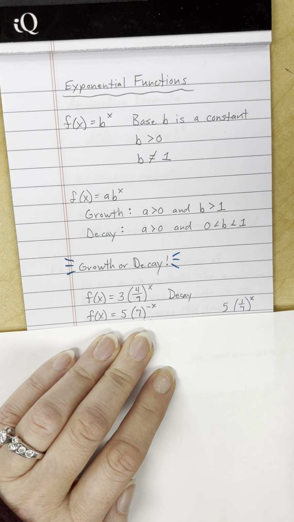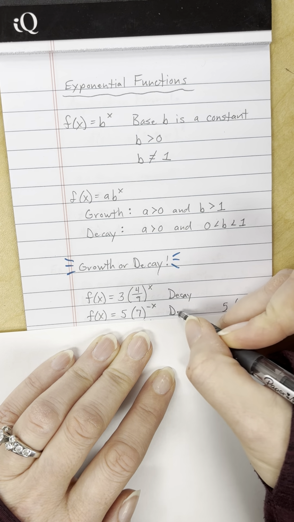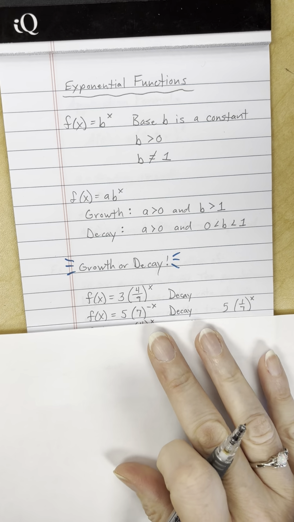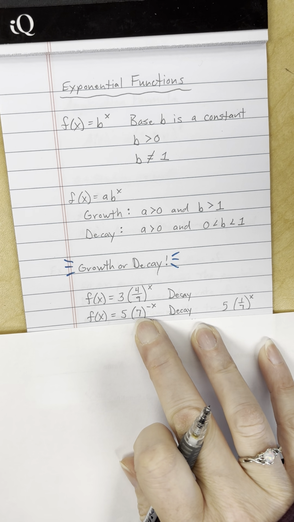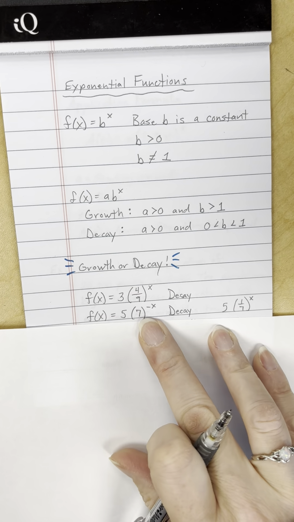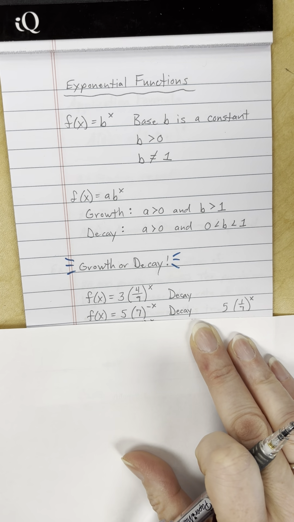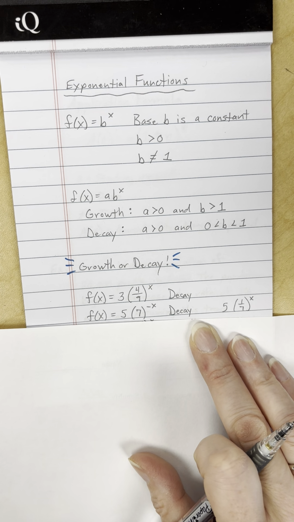Okay, so it's decay, right? Ladies and gentlemen, it is decay. The 7 itself, for starters, was a number greater than 1, which indicates growth, but because the exponent was negative, I tricked you. Woo-hoo, I got you. That is going to be decay.